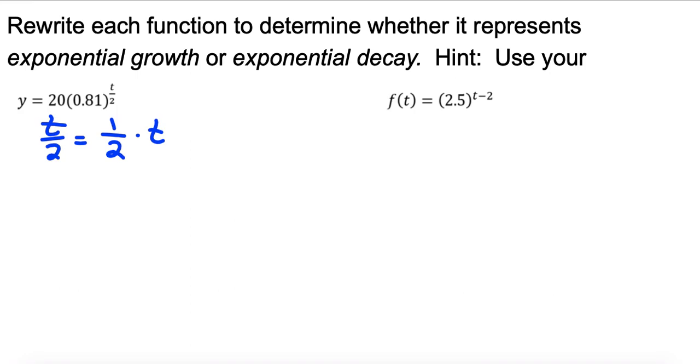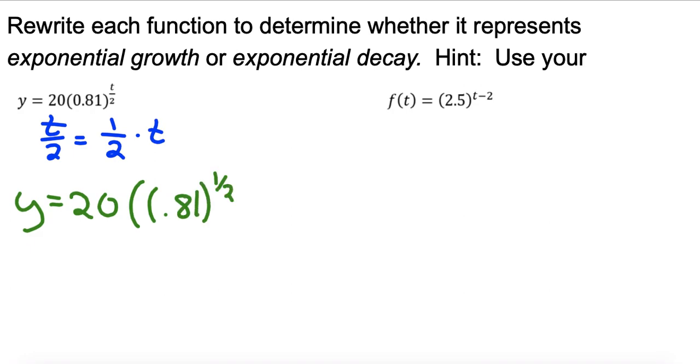So we're going to rewrite this. We'll leave our y, we'll leave our 20, and then we're going to say 0.81 to the 1/2 power, and then that whole thing to the t. Because if I take 1/2 times t, I get my t over 2. So we're just undoing that property because we can calculate 0.81 to the 1/2.